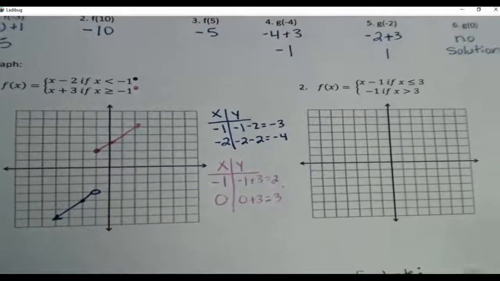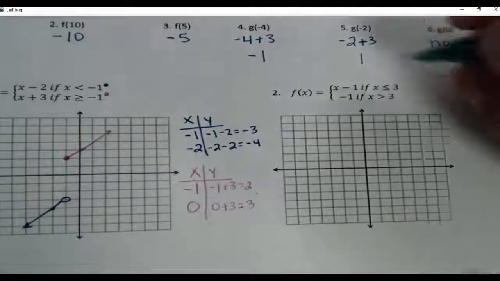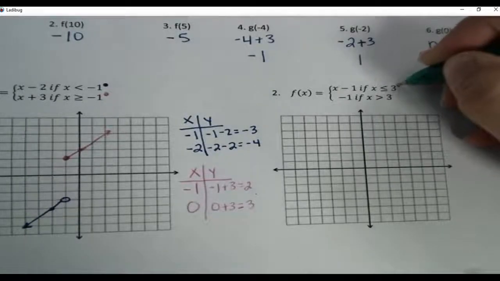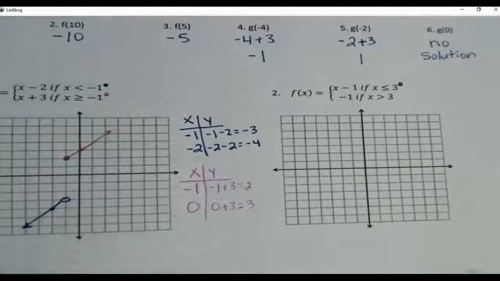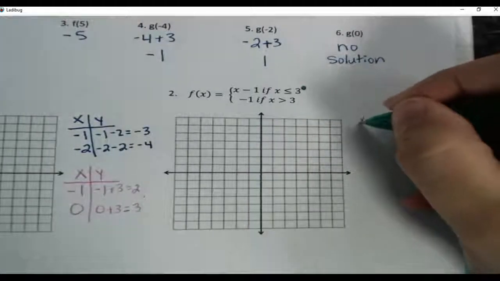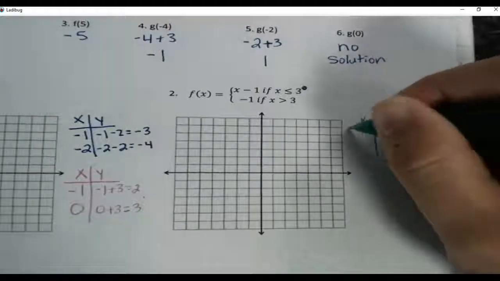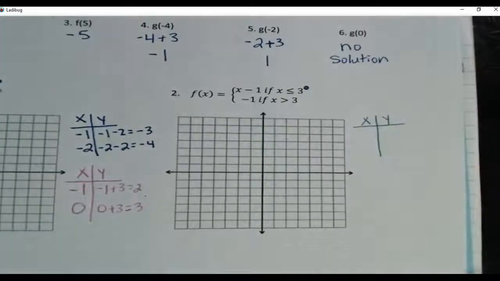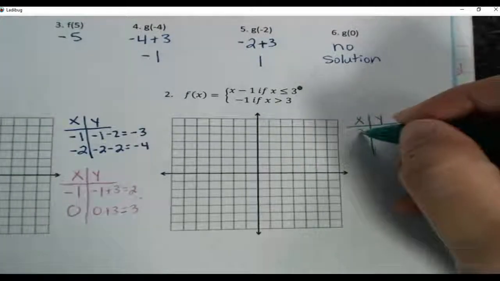Alright, let's look at the next one. Okay. So on this one, we have x minus 1 if x is less than or equal to 3. So again, we want to do a table. And in this one, it gives me 3.